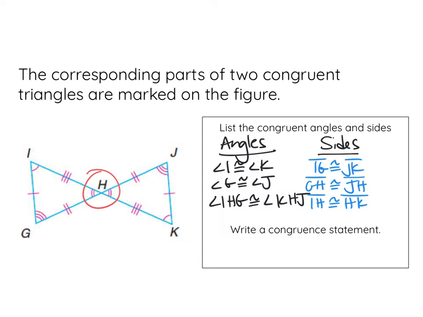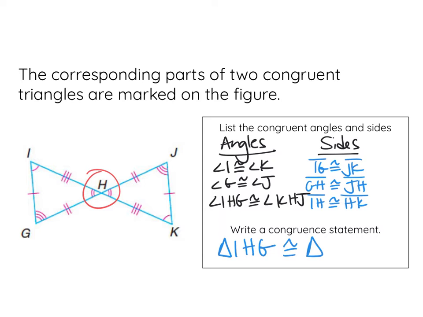All right, so now that I have my congruent parts, I'm going to write a congruence statement. And so again, it's important that this congruence statement matches what we just wrote at the top, right? So if I say triangle IHG for the left triangle, I have to make sure when I write my second triangle, it matches. The easiest way to do that is to just look at each part.